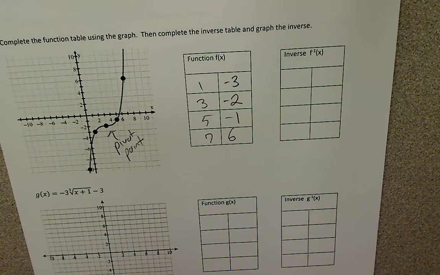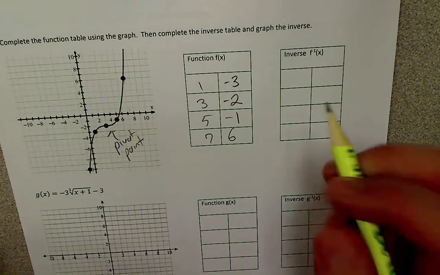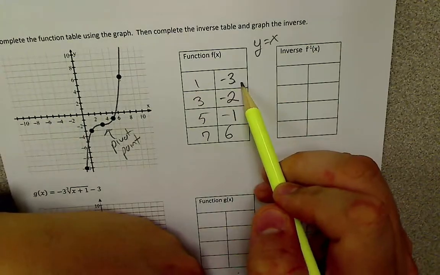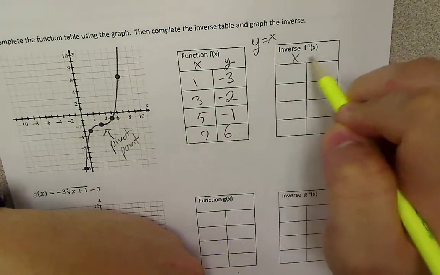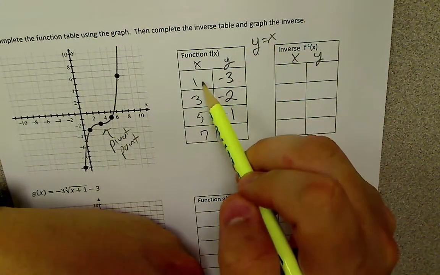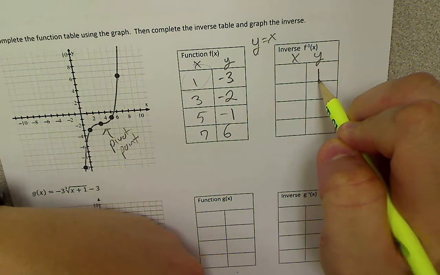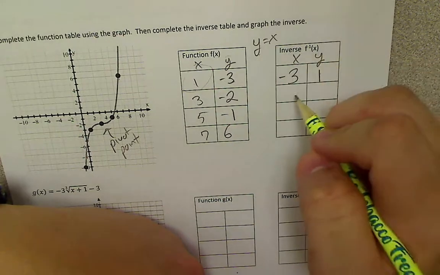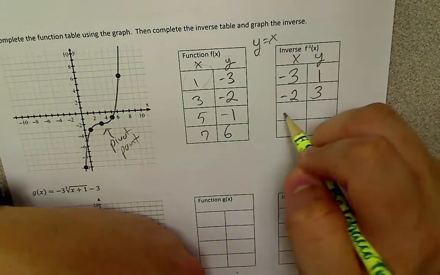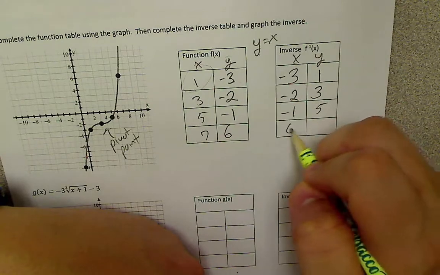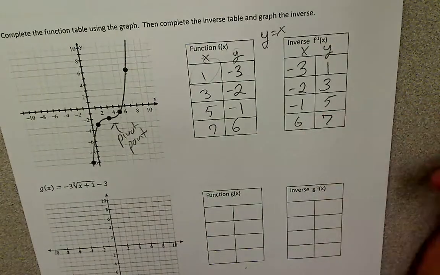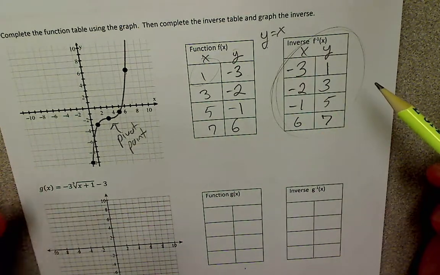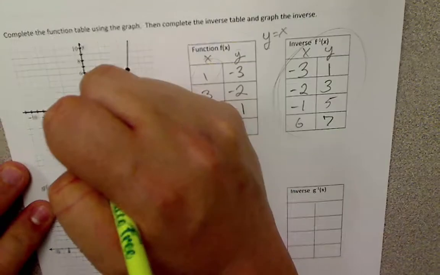Now, if I want to create the inverse graph of it, here's what I do. Because of the y equals x line, I can take my values and say, if this is x and this is y, therefore if x is 1, my y has to be 1, and my y has to be my x now. I can do that all the way through by reversing my domain and ranges. So now I can take these points that I just wrote and regraph those.